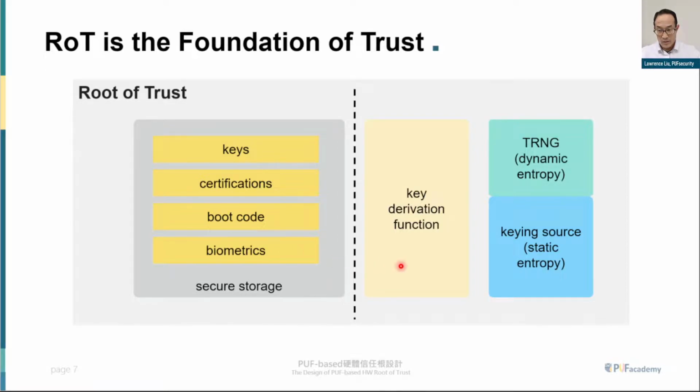And for derivation of keys that aren't stored in secure storage, we have a key derivation function along with dynamic and static entropy sources to derive keys from the source key. But keep in mind this is just a representative example of a root of trust. Not all roots of trust will look exactly as pictured here, but they should all share the same characteristics of being the source of implicitly trusted security elements for a system.